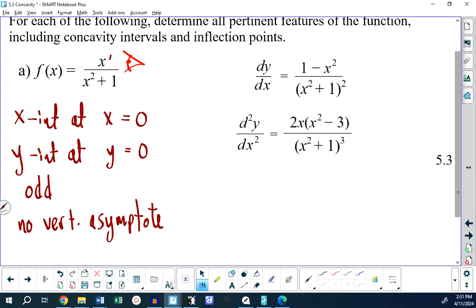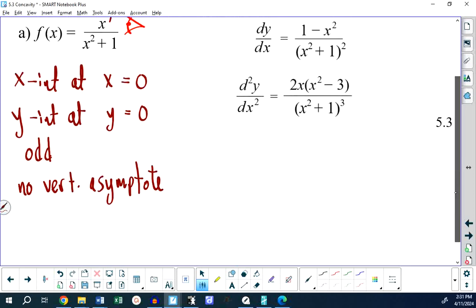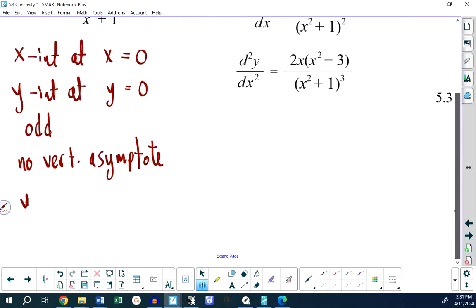If the degree on the top is smaller than the bottom, then y equals 0 is a horizontal asymptote. What does that mean? Well, it means the x-axis is an asymptote. So we've got all that preliminary stuff out of the way.